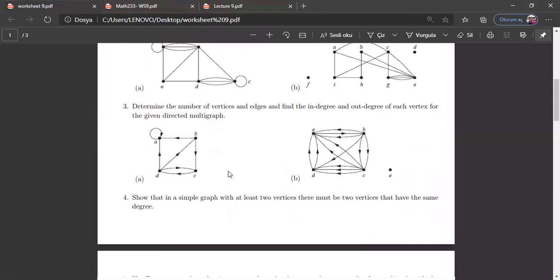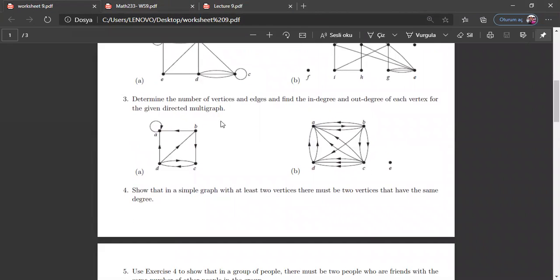Okay, so let's skip 3. Now we will find the in degree and out degree of each vertex. So if we have a directed graph, we call them in degree and out degree to separate the degree of the vertices.